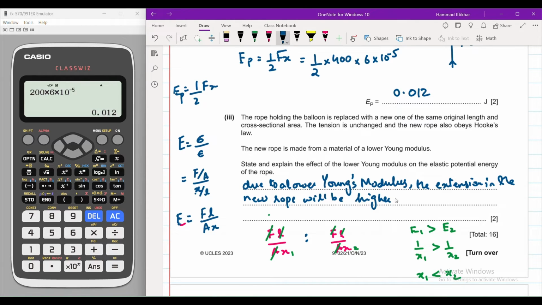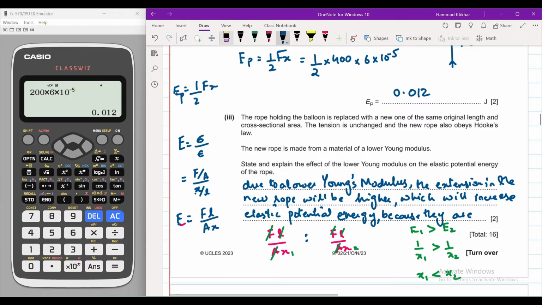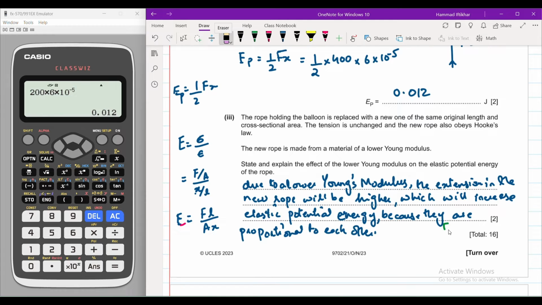It affects the elastic potential energy that way, which will increase elastic potential energy because they are proportional to each other. That's it.